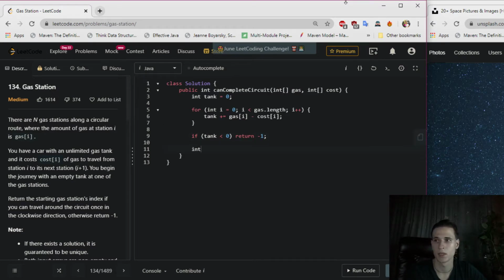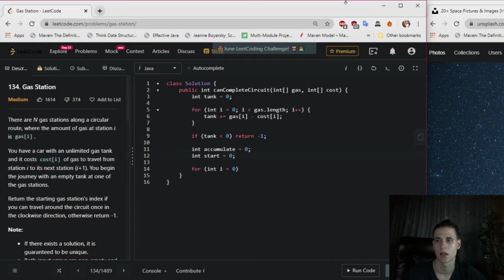So we say int accumulate equals to 0. Accumulate means the amount of fuel up to the position of I. And int start equals to 0.